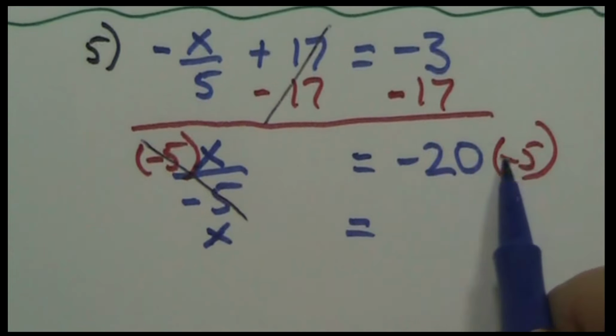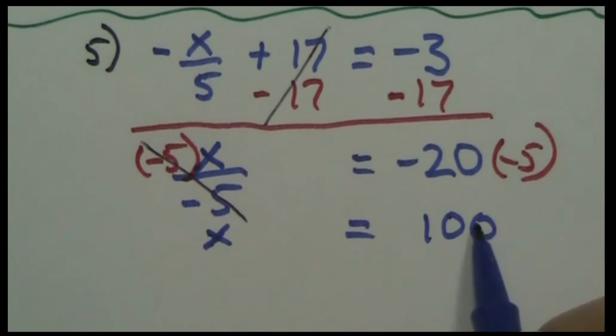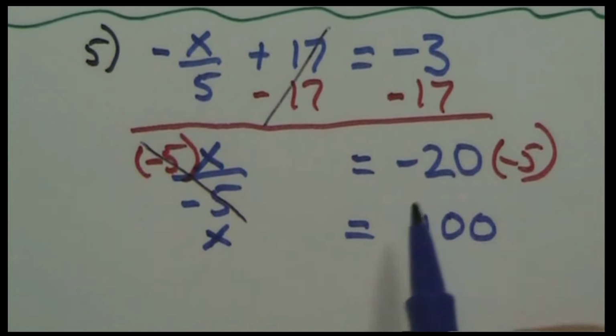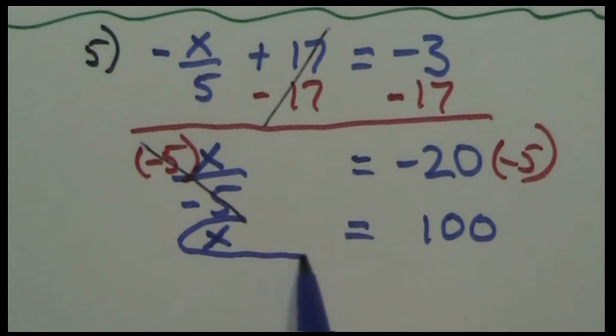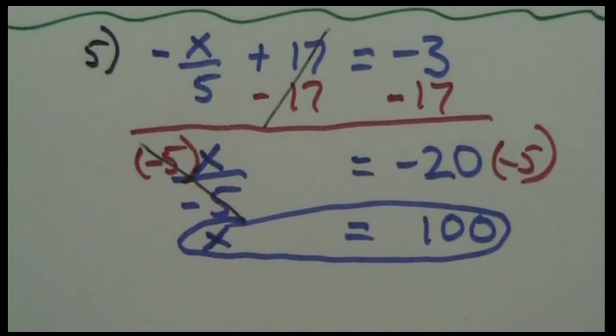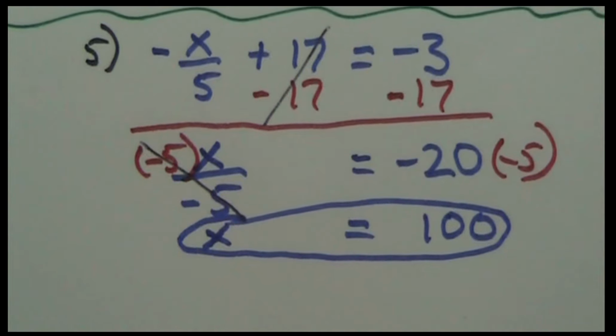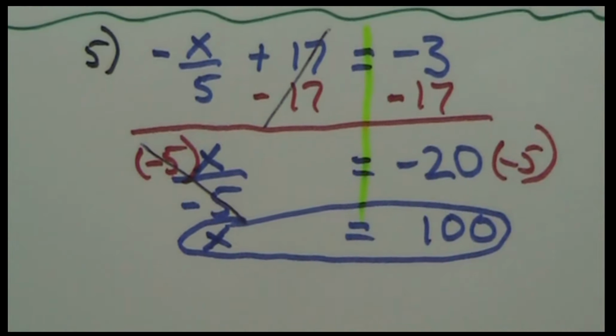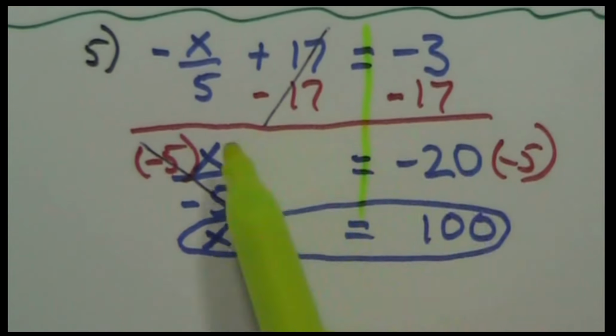And 20 times 5 is 100. And I have 2 negatives. Multiplying 2 negatives, they cancel. So this is all you're left with. And again, remember, you have a left and a right side. What you do to one side, you must do to the other.